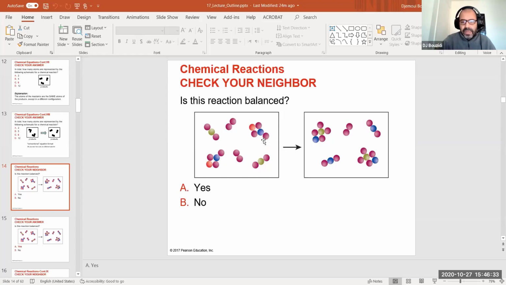In terms of the blue one, I have 1 and 2, and then I have 1 and 2, 3 and 4. Is this balanced?